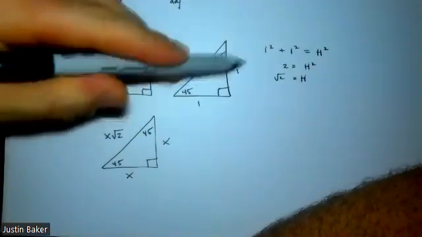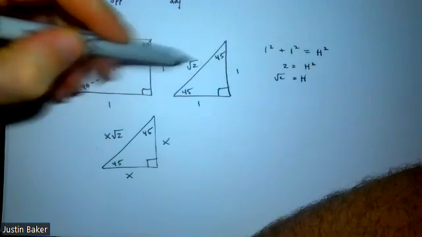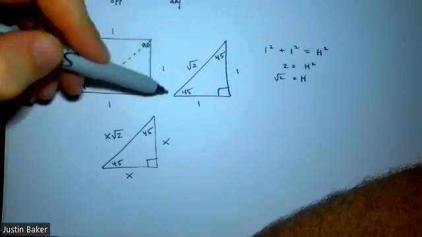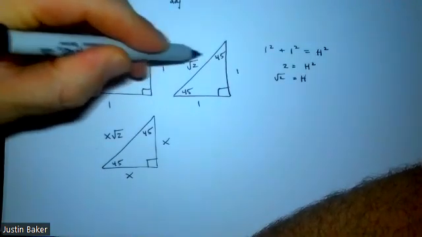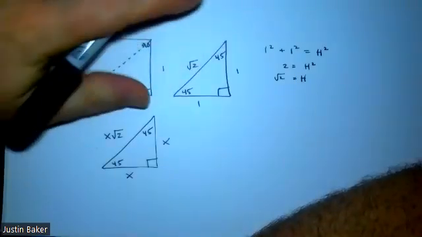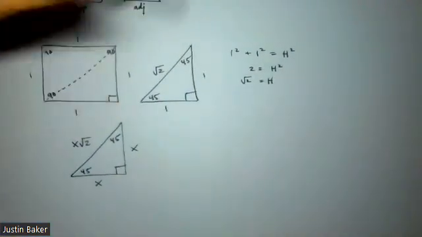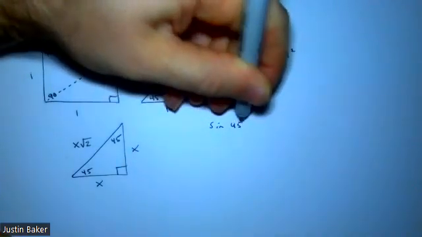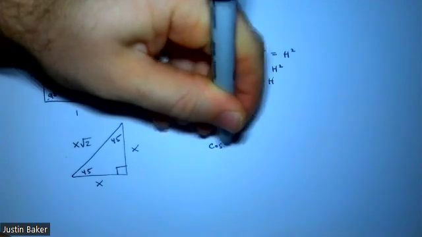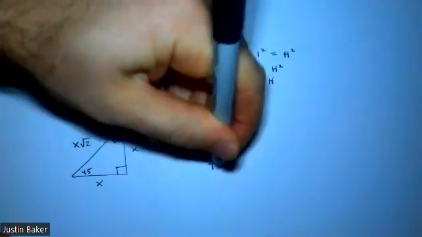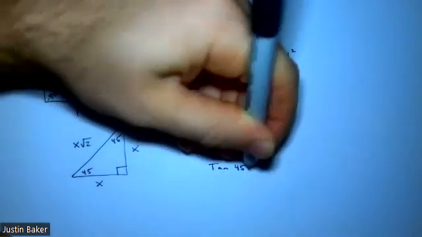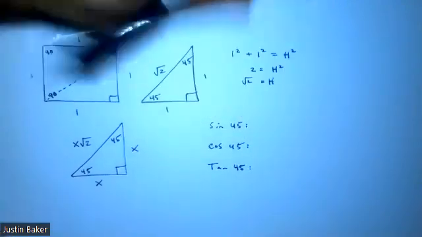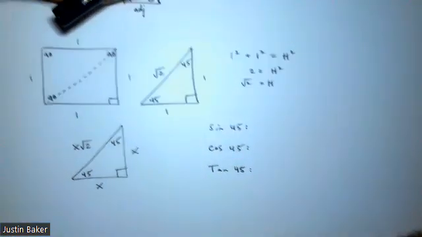So these two are the same, and then whatever they are times root 2. So in other words, 1 root 2 is going to be the length of the hypotenuse. Okay, now let's go through and locate the sine of 45, the cosine of 45, and the tangent of 45. So this is kind of giving you some backstory on where these things are coming from.